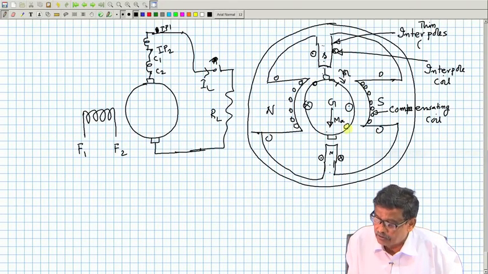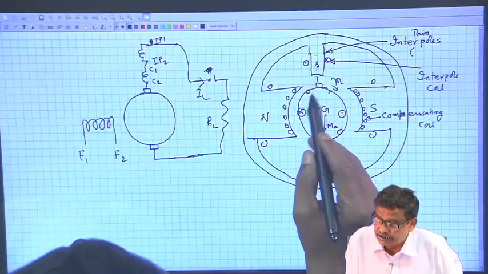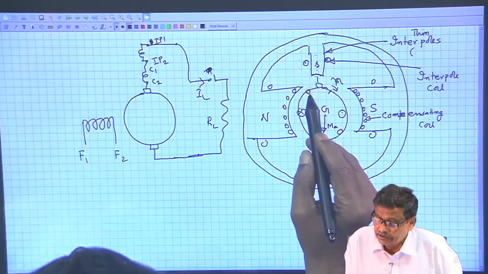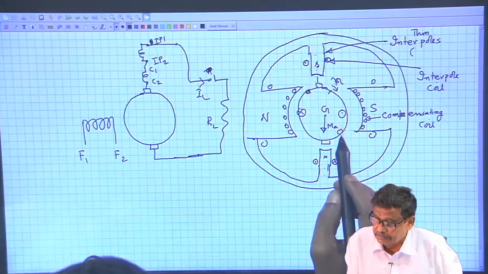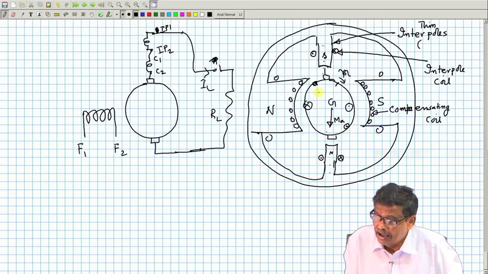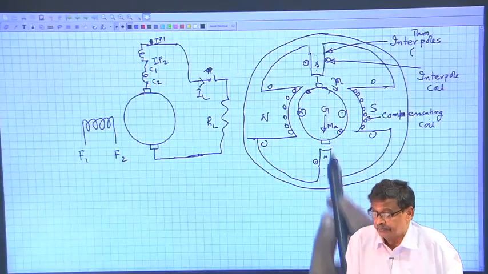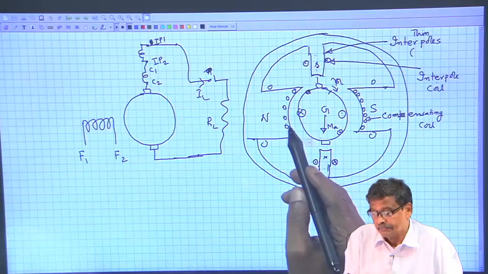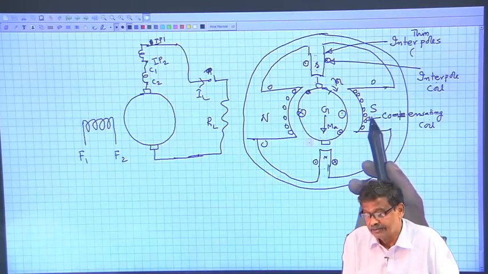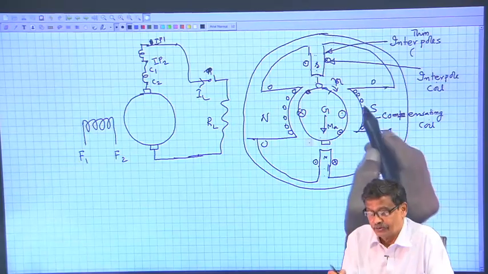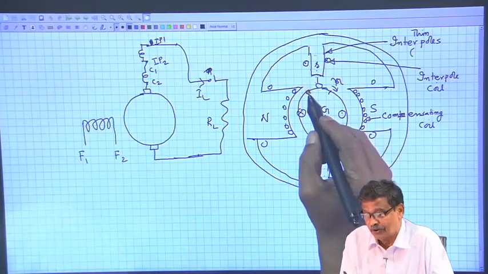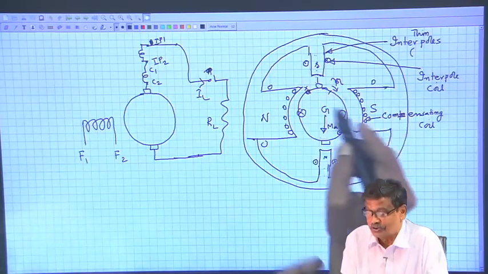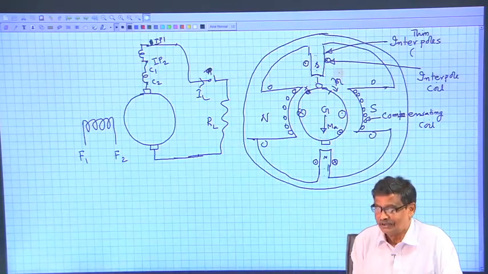This coil, concentrated on this coil, it was here on the left hand side, it was having cross dot voltage, and after a brief period of time, it will cross this border line, go to the other side, and it is asked to carry the opposite current. This cross current is to be changed to dot immediately after it crosses.